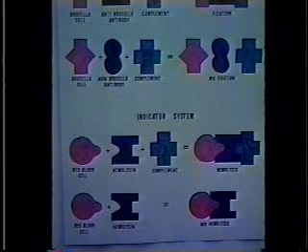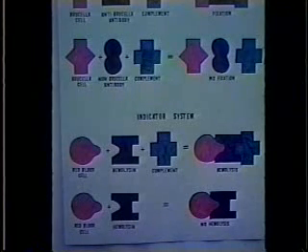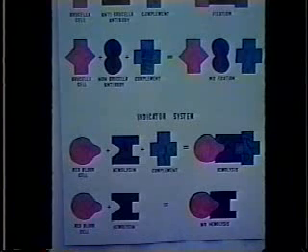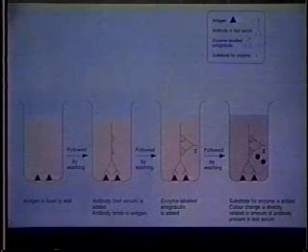If a reaction has not taken place, then the complement is available for an indicator system using rabbit red blood cells and anti-red blood cell antibody, and so if the reaction takes place there, then we know the complement was available for this reaction, and it was a negative test in the first part of the system.